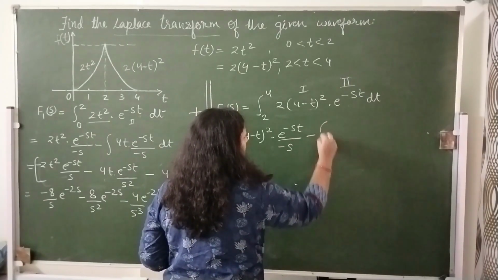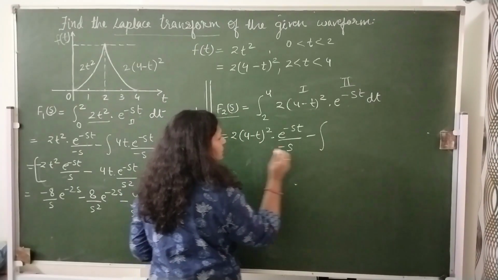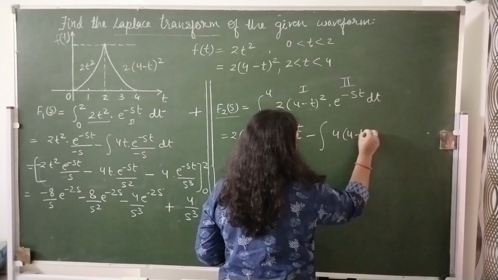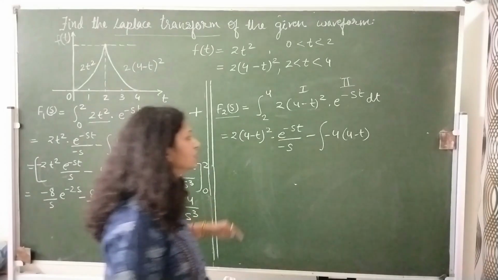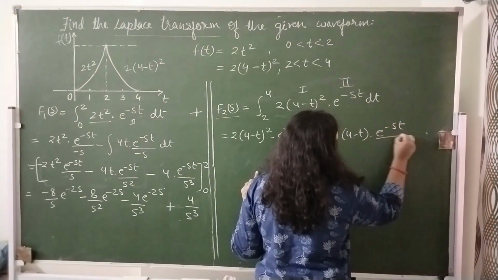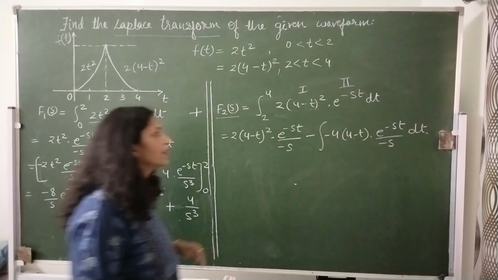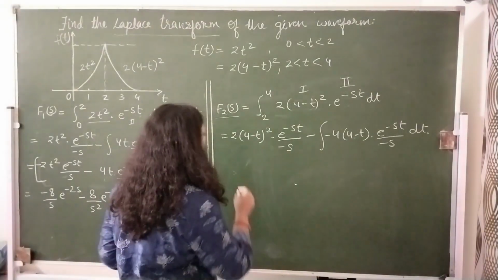Then minus integration, differentiation of this function, that is 4 minus t, and minus sign because of this coefficient. Again integration of this divided by this.